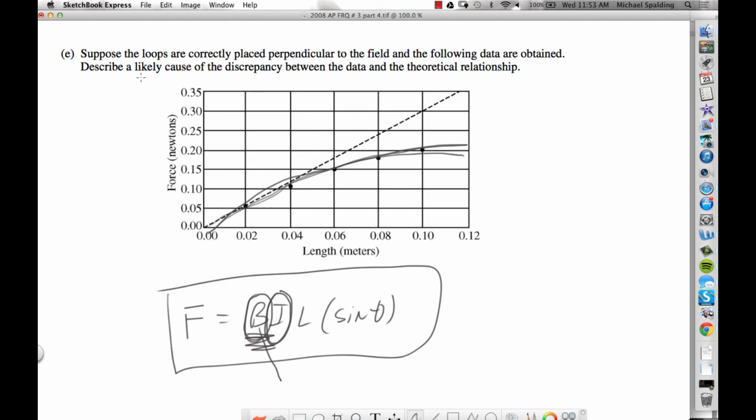A likely cause. Yeah, you could say something like the resistance in the wire changes and the current changes. If the current changes, the force changes. Don't say length. I don't think the length would change. All right, that's good.